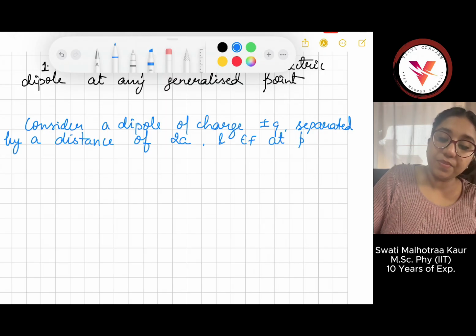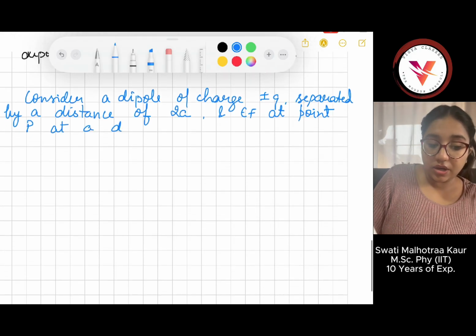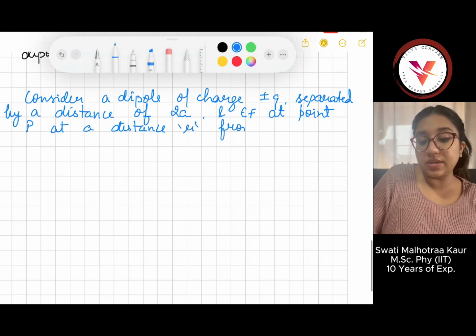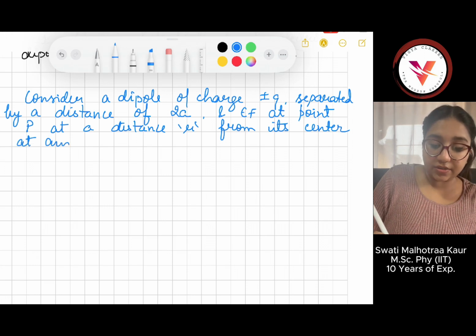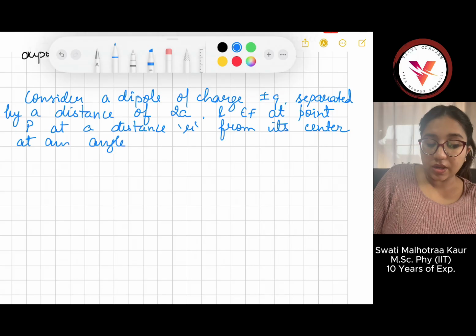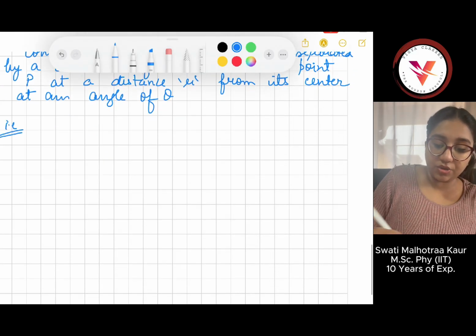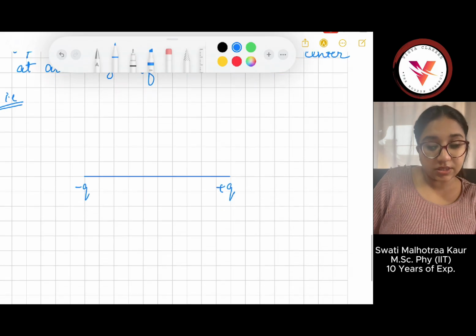Okay, and the electric field at point P is at a distance r from its center at an angle of theta. Now you can see in the diagram: this is minus q, this is plus q.